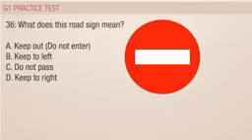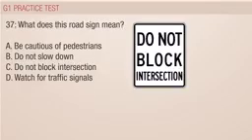Question 36. What does this road sign mean? A. Keep out, do not enter. B. Keep to left. C. Do not pass. D. Keep to right. Answer A. This is a do not enter road sign. Question 37.